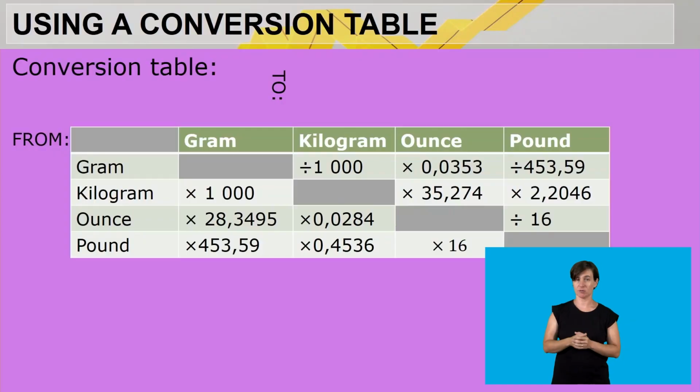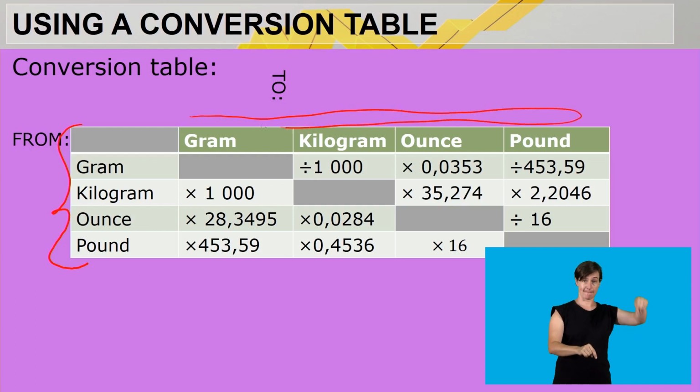This is where we use a two-way table to convert, meaning all the conversions are summed up in a table, and you just need to find your path, find your way to choose the correct conversion factor. We need to remember that on the side, wherever I'm going from, I will choose from the left, and then where I'm going to is at the top.